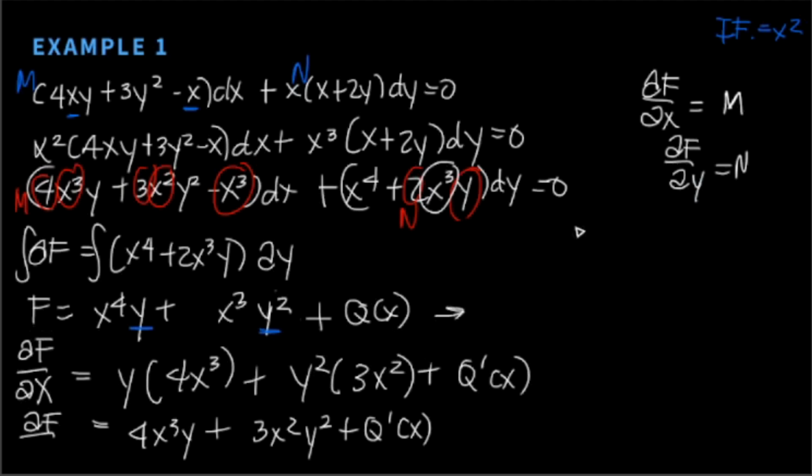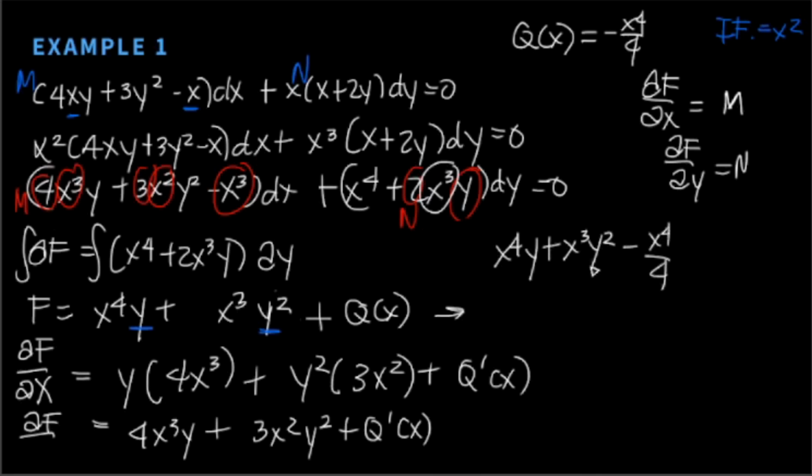So, ang q of x natin, yung nasolve natin, is negative x raised to 4 over 4. So, substitute natin siya dito, magiging siyang x raised to 4 y plus x cubed y squared plus, since ito negative, magiging negative x raised to 4 over 4. Then yung f would be equal to c.